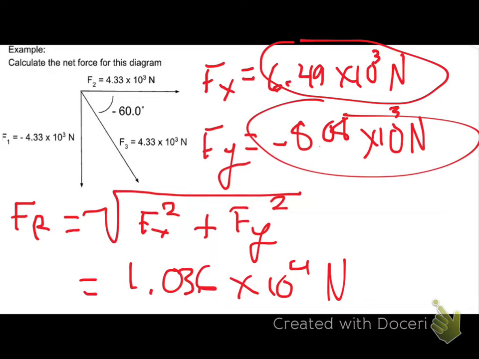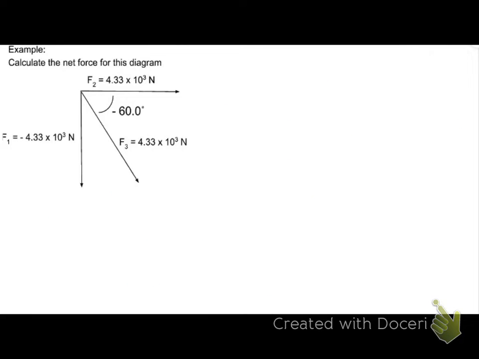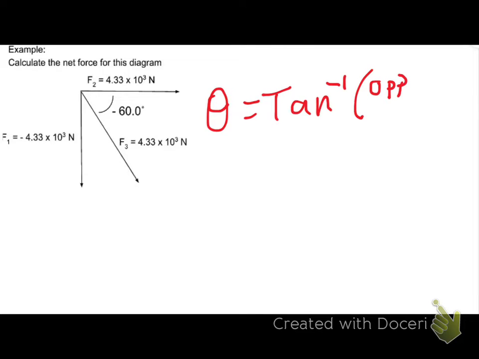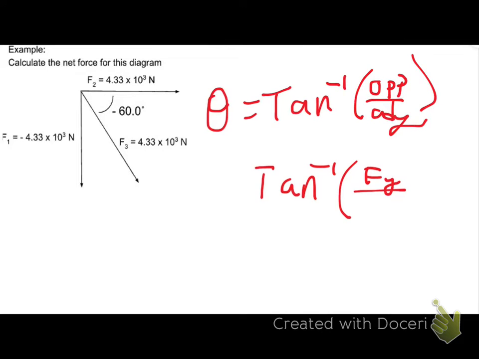And then if we want to find the angle relative to the x-axis, the opposite will be the y. So theta is equal to tan inverse of opposite over adjacent, whatever our final y value was over our final x, which should give us our angle.